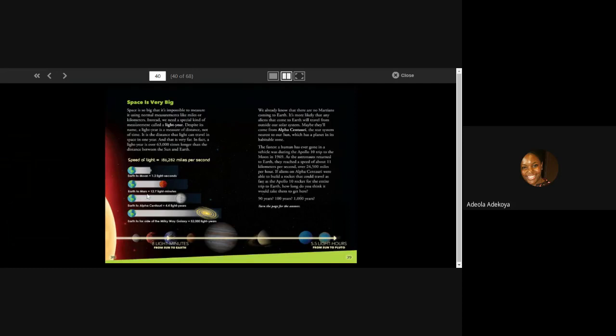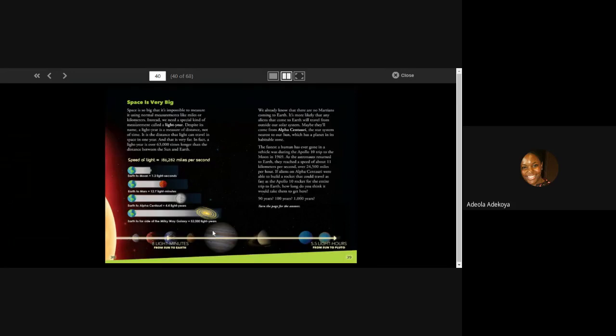Distance from Earth to Mars, 12.7 light minutes. Distance from Earth to Alpha Centauri is 4.4 light years. And then the distance from Earth to the far side of the Milky Way is 52,000 light years. And that's quite some distance right there.